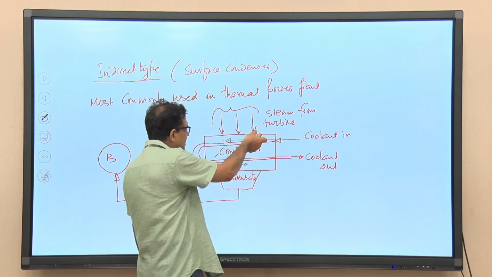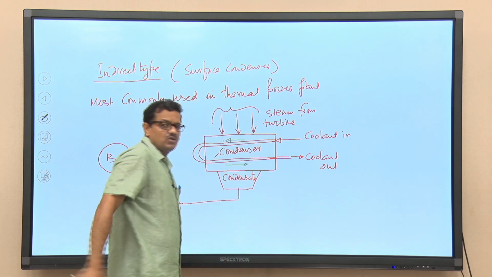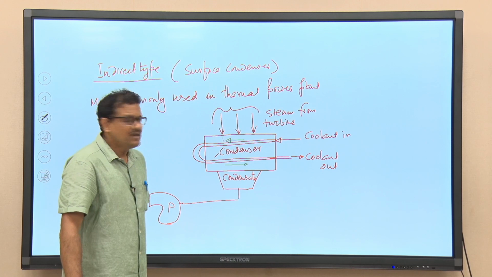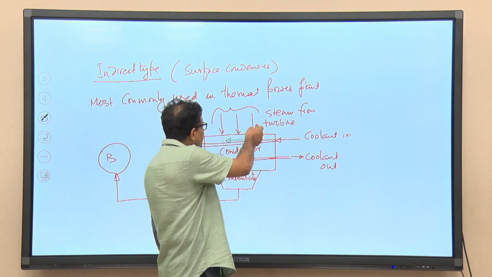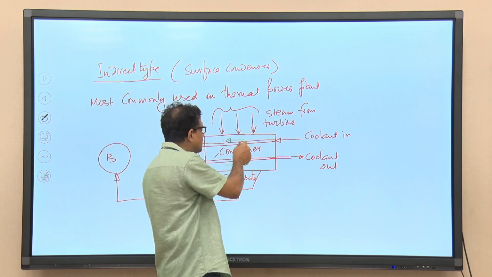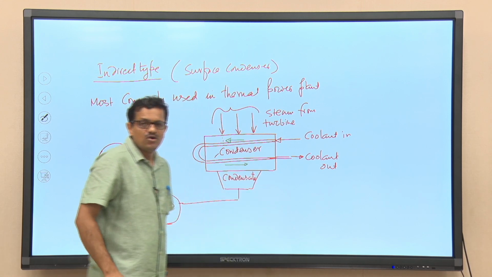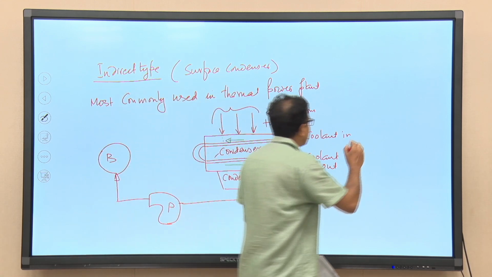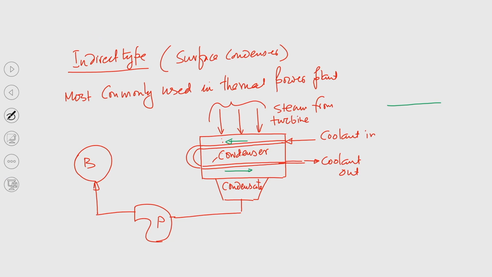When air gets into the condenser, an air film forms while steam is getting condensed over the surface. If I take out a particular tube, this is the tube, this is steam, and this is coolant.